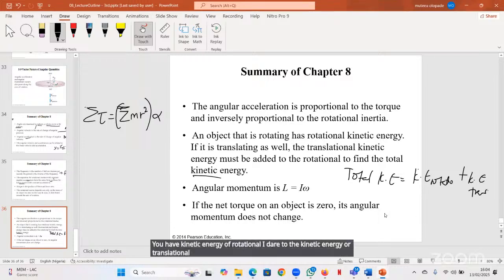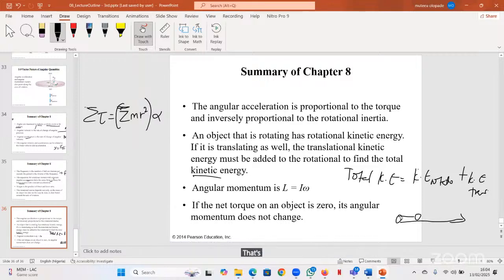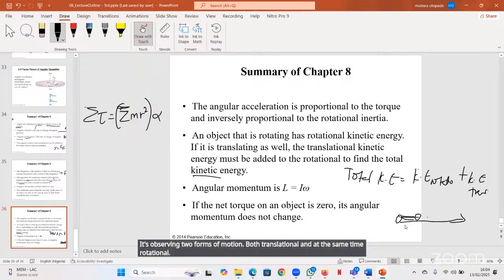When you talk about translational, maybe you have an object here. If it moves from one place to another, that's translational. Like the tire of a car, if the vehicle is moving, it is undergoing both translational and rotational motion at the same time.